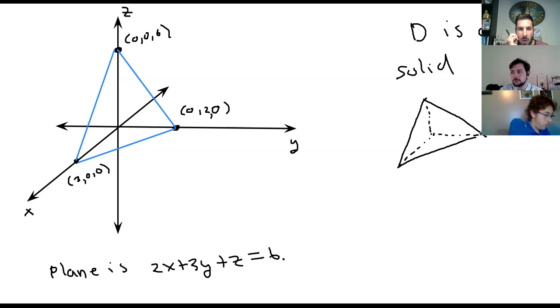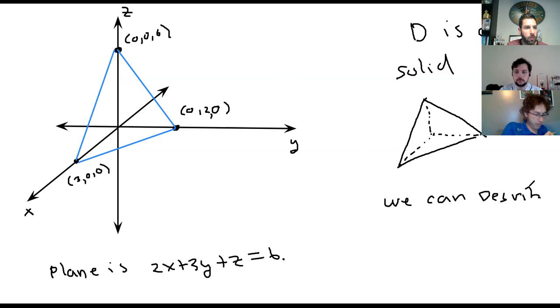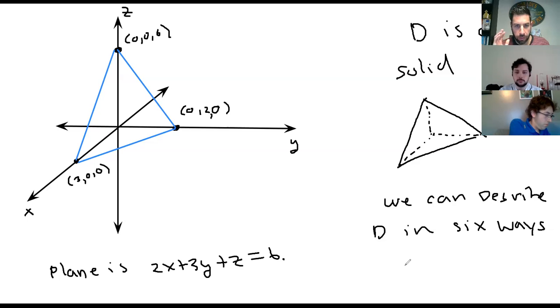So let's pick a way. We can describe D in 6 ways. Let me explain what these things mean.